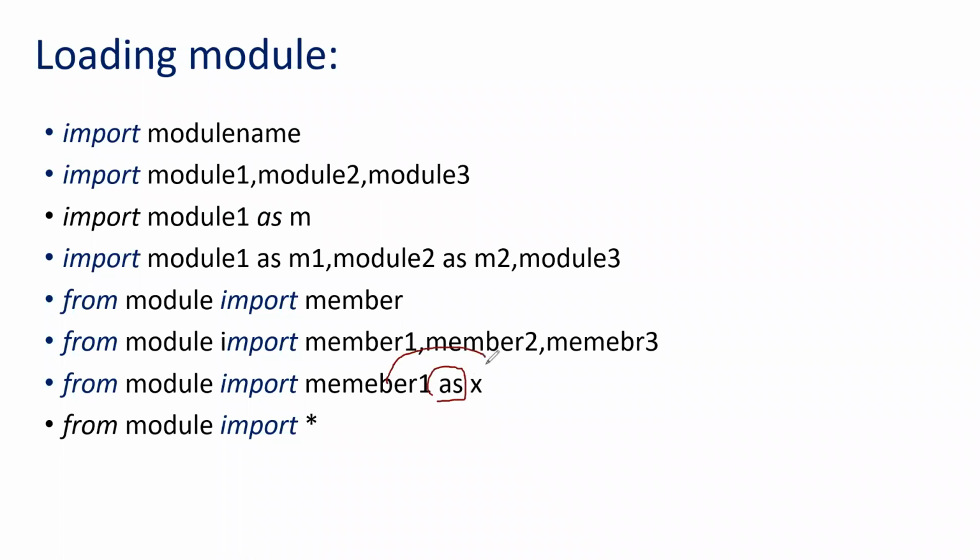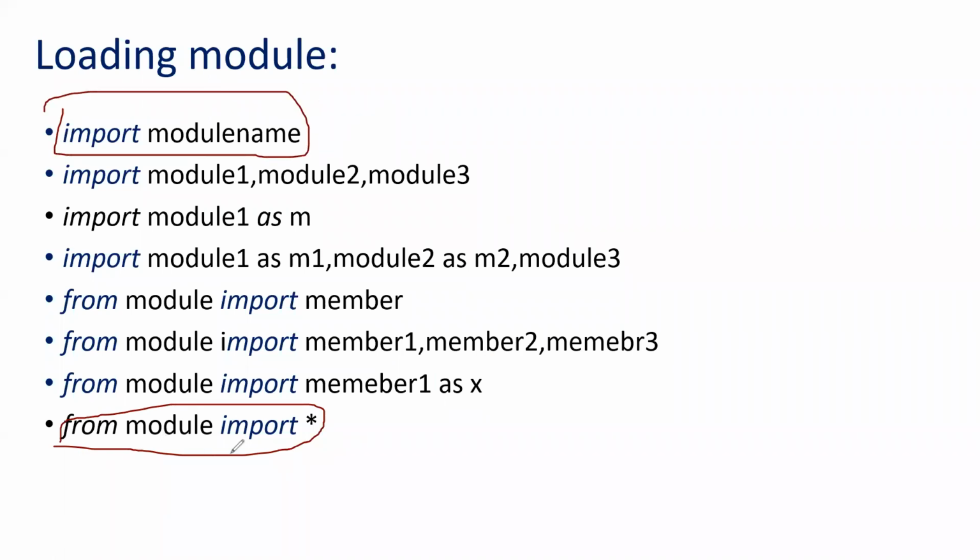Instead of using lengthy lines, we can use simply aliasing, that is X or M or whatever it is. And this is the most popularly used: from module import star. So we can use all of this.